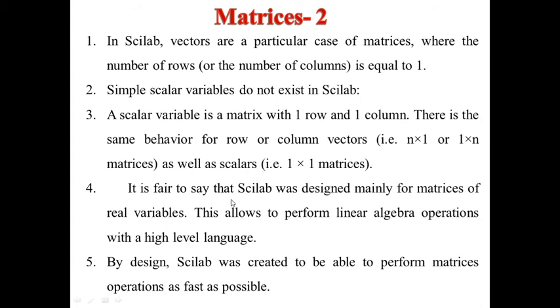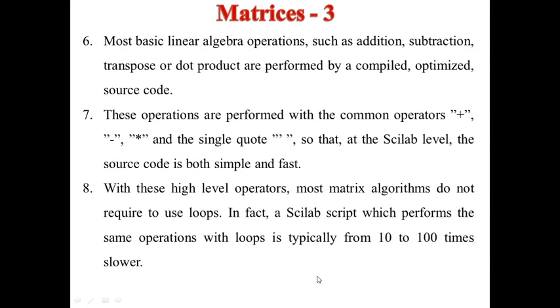It is good when the Scilab is designed only for the matrices with the real variables. So this will also allow to perform linear algebra operations with a high level language. By design, the Scilab was created to be able to perform multiple operations as much as possible.